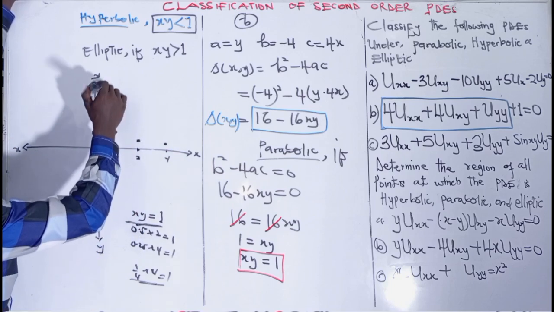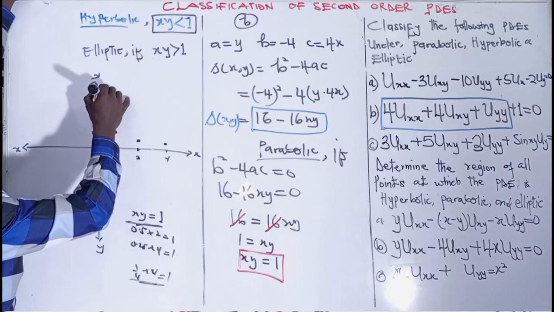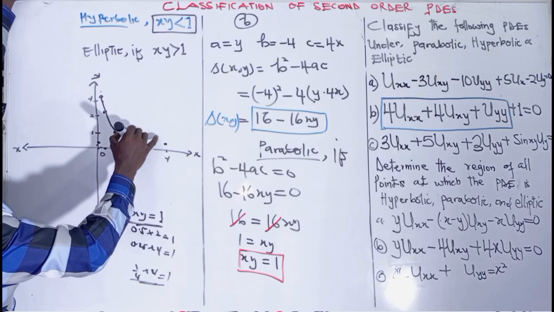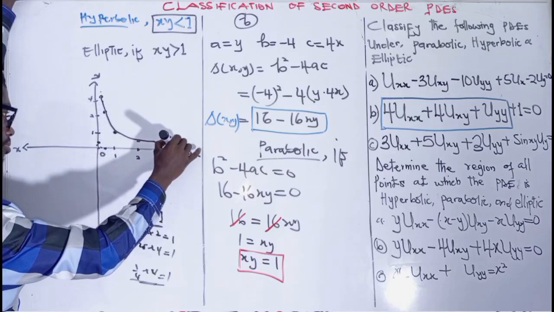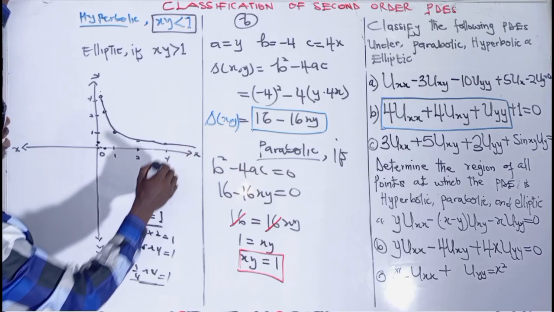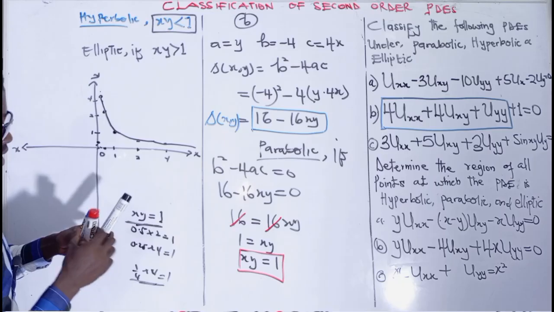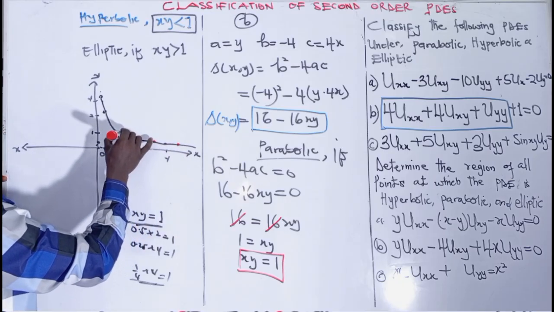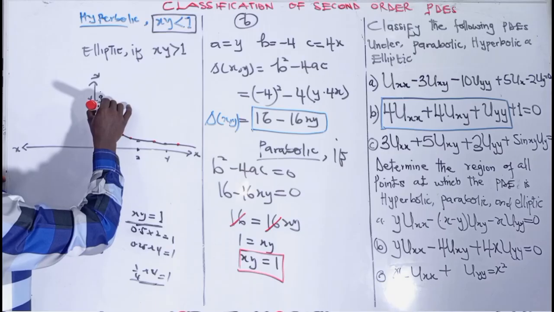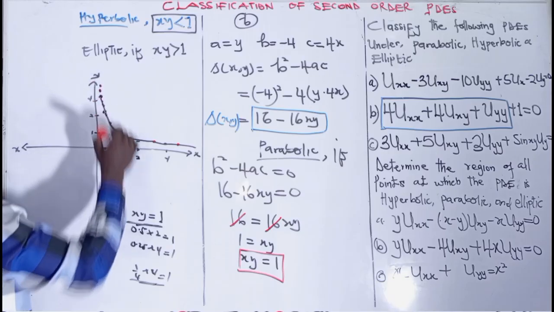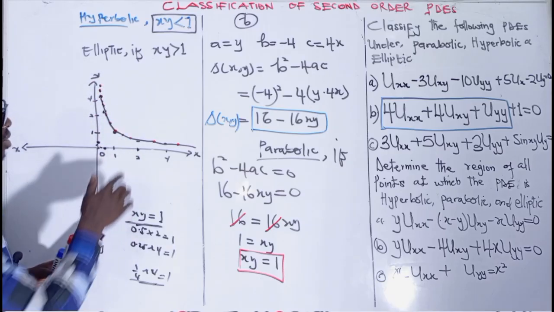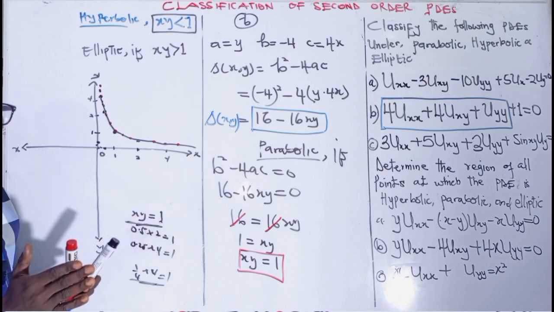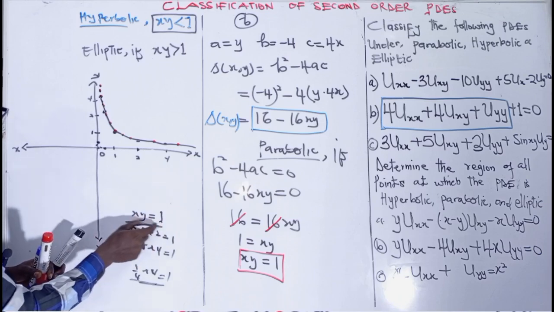You can see that when we join these points together, we are getting something of this curved form. Any point on this particular line will make the PDE parabolic. Remember that these are not the only points that when we multiply, we get 1. There are countless numbers that when we multiply, we get 1.